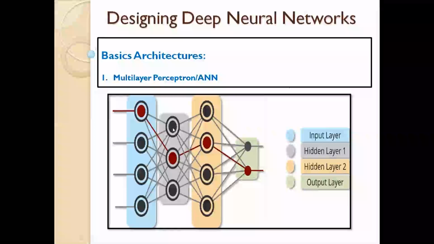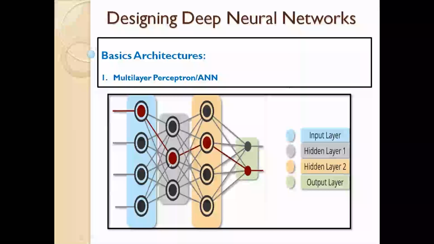Concentrate on the first neuron. Tell me, to this first neuron, how many inputs are coming? Those inputs are coming from the input layer. Very good. So the first neuron of hidden layer 1 will have how many weights associated with it? 4 weights, because 4 inputs, 4 weights.